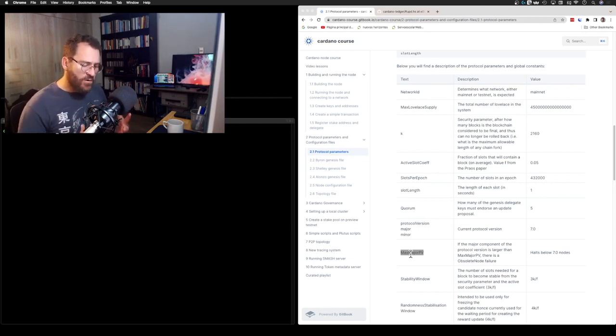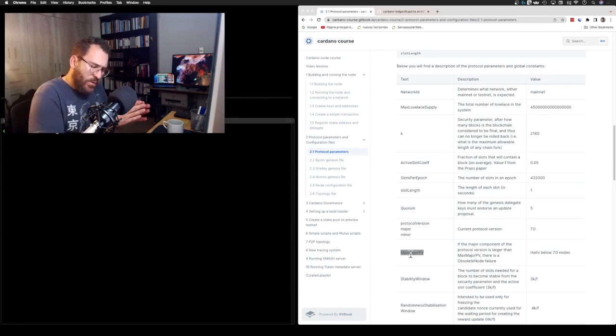So we can enforce the max major version in the system. That means that when there is a new version of the node that implements new features, like recently in the Vasil hard fork, we implemented some of the most interesting features that we have added, and it has to do with reference scripts, reference inputs, and all of that.